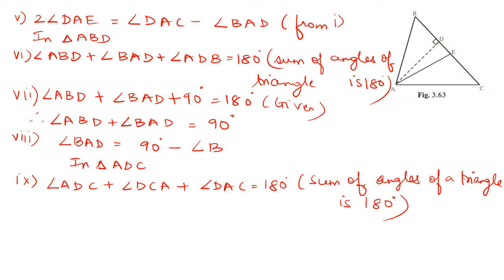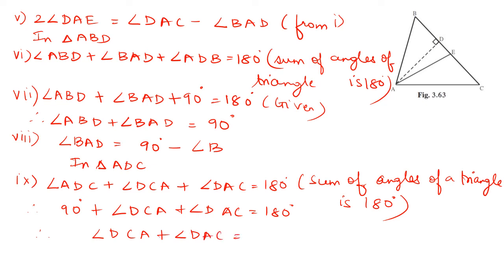So therefore 90 degree plus angle DCA plus angle DAC is equal to 180 degree. Therefore angle DCA plus angle DAC is equal to 180 minus 90, that goes 90 degree. As I said, we need your DAC value, so we'll keep this DAC on the left hand side and write, therefore angle DAC is equal to 90 degree minus angle DCA.